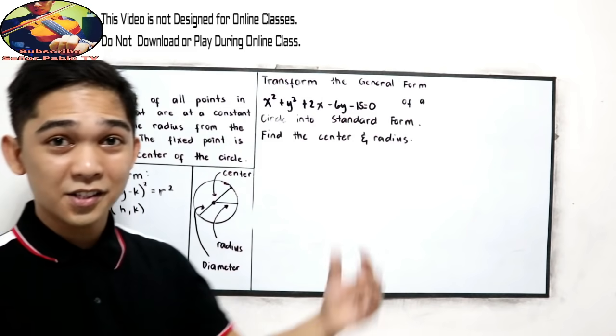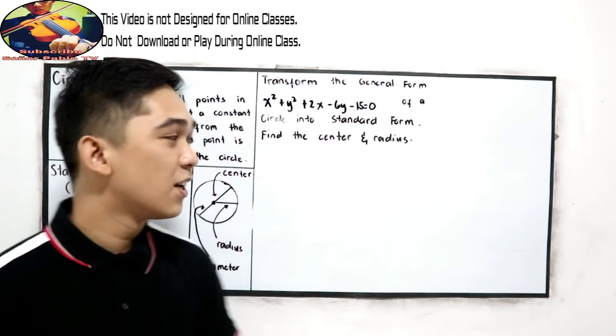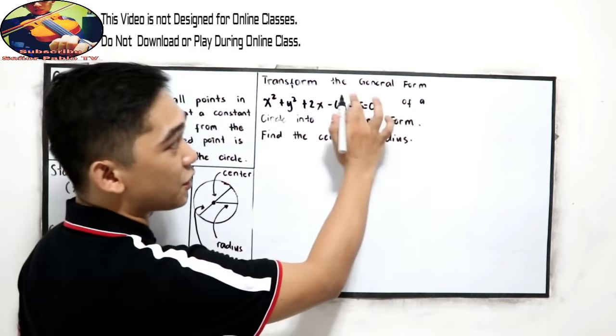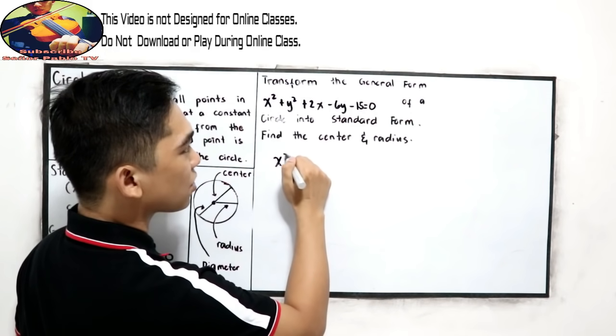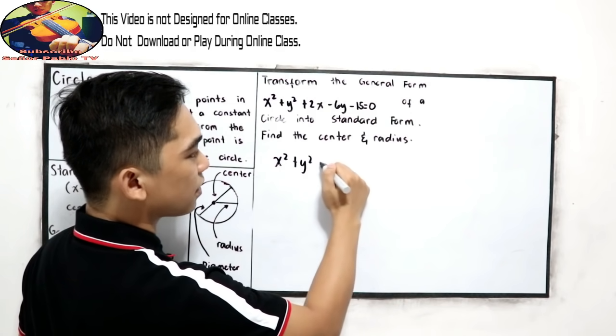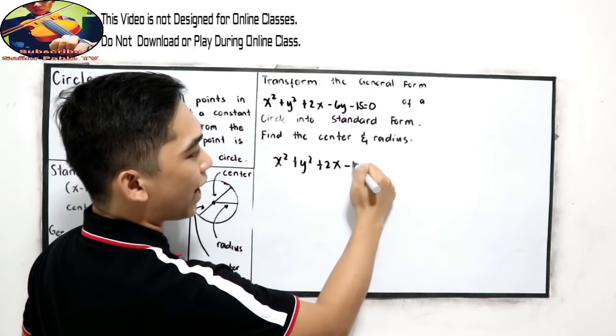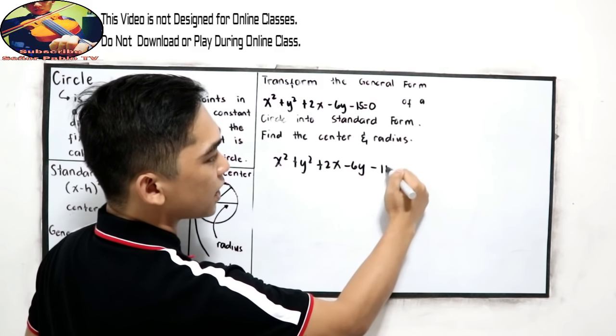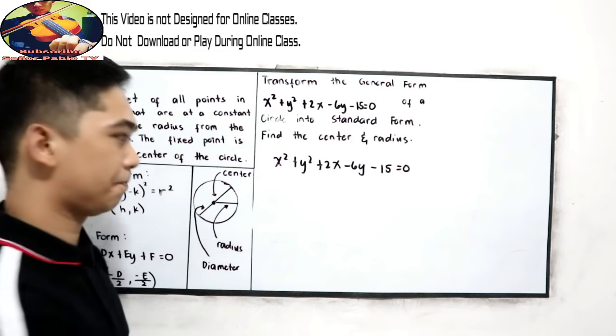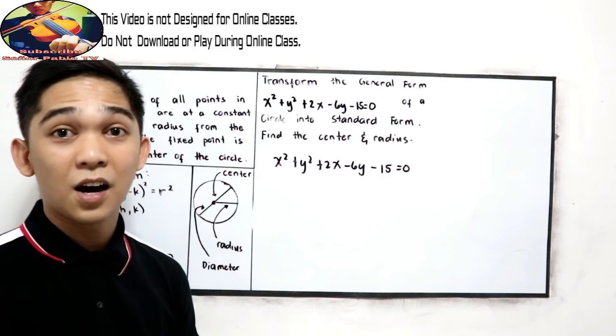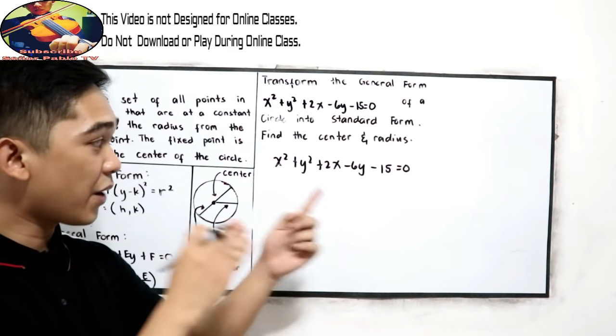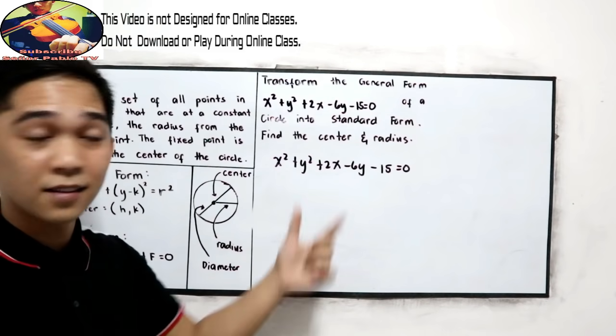Okay, here's the solution. Copy the given general form x squared plus y squared plus 2x minus 6y minus 15 is equal to 0. Now, rearrange our given.